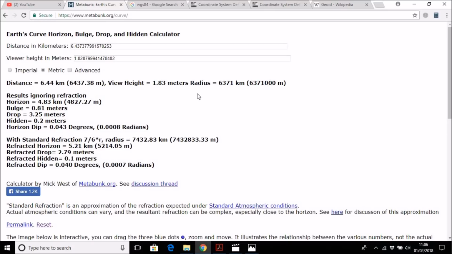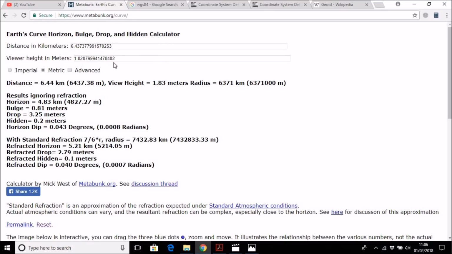Now, lots of people, myself included, use it to show that particular observations are within the sort of error, if you like, that's built into this approximation.